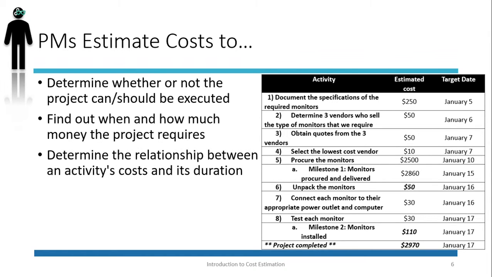Also, estimating costs will help us determine the relationship between an activity's cost and its duration. As an example, let's say the cost of activity 5, which is currently $2,500, includes a markup of 20% due to the expedited shipping that we have selected.